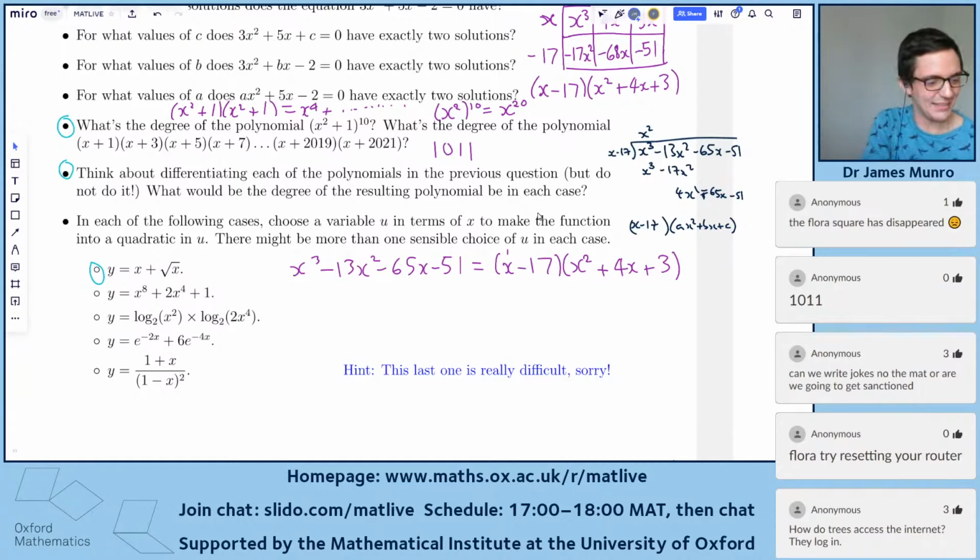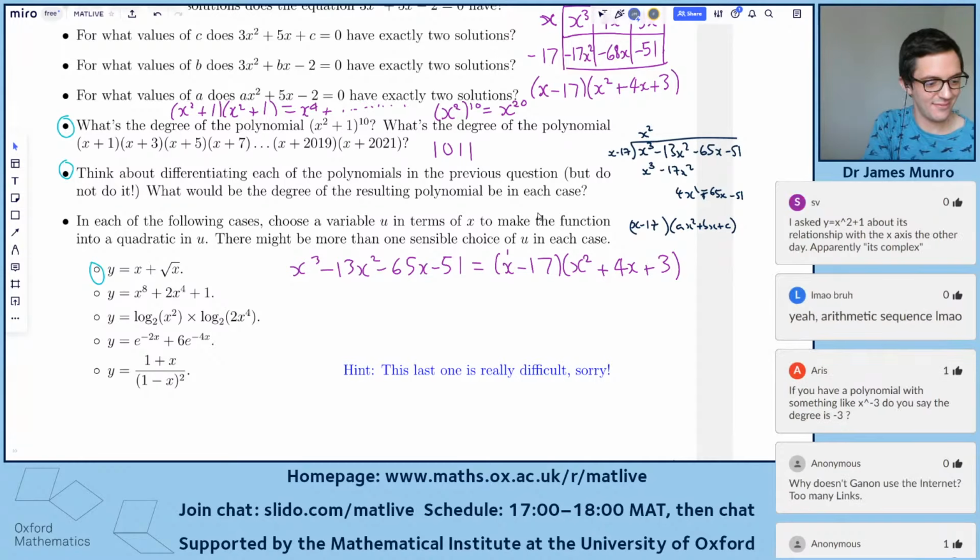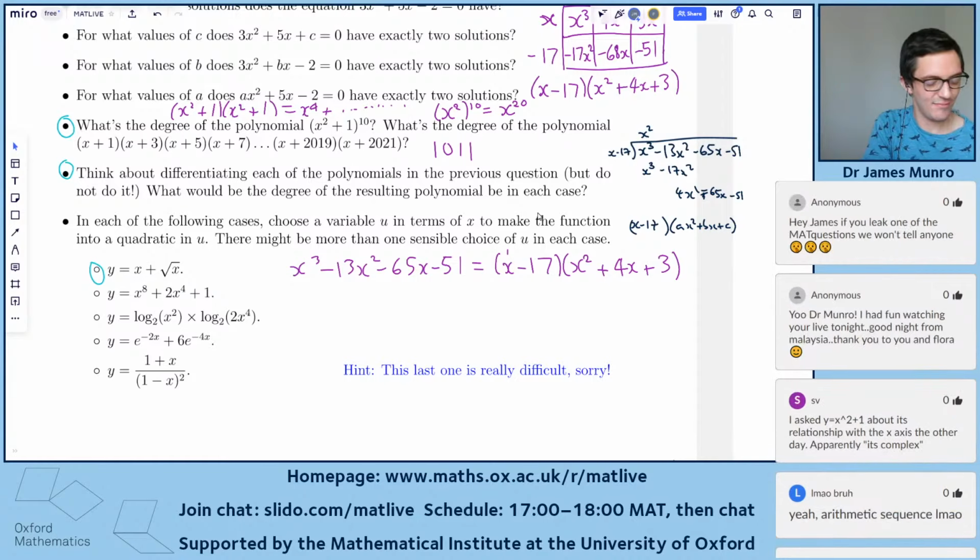Yeah, exactly. And then think about differentiating each of these polynomials, but don't actually do it. What would be the degree of the resulting polynomial? So this is basically just, do you remember what differentiation does to the degree of a polynomial? If you think about differentiating it once it's fully expanded, the power of each term will go down by 1.